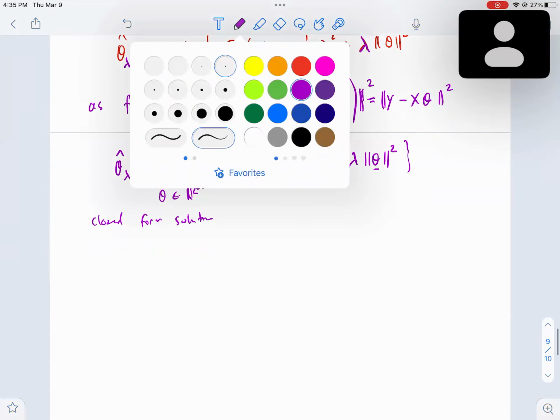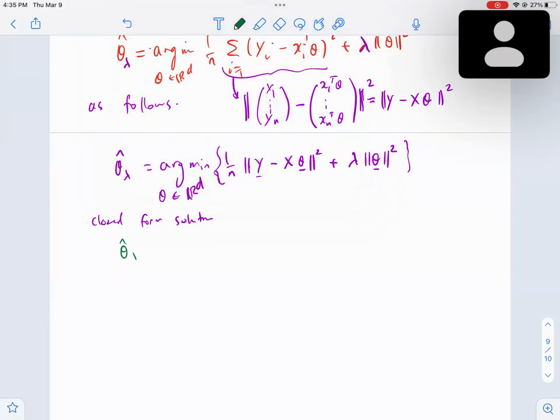And the notes that I'm going to post actually simplify my life a little bit. This is going to be the argmin. I can factor out one lambda, so I get lambda times (1 over n lambda) here, plus theta squared. And I'm going to drop this lambda.